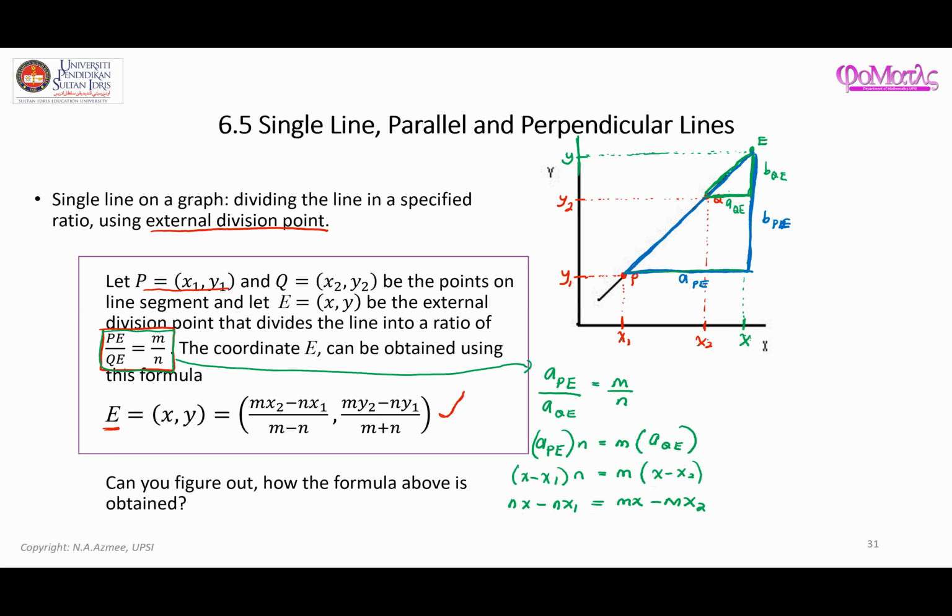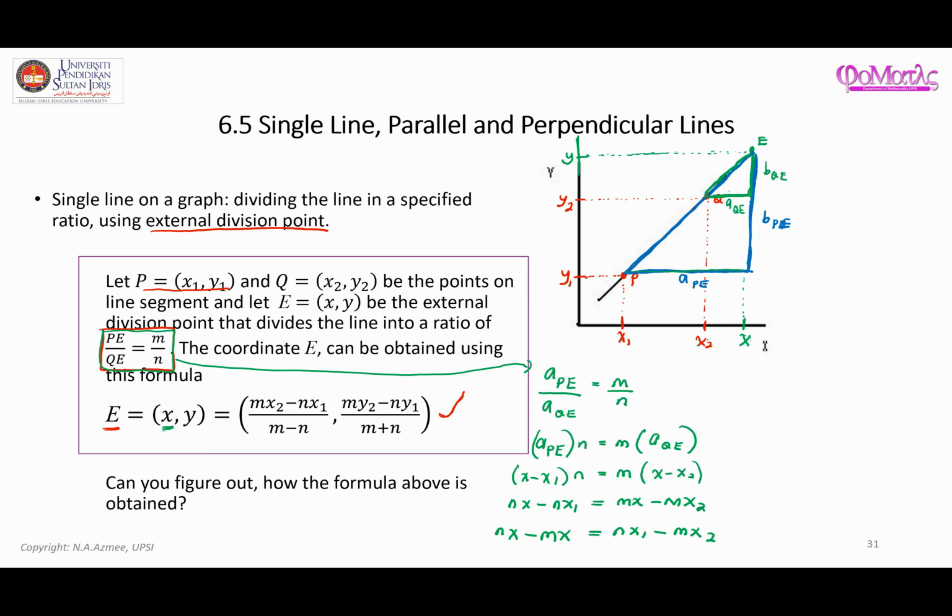And remember that our objective is to find what x is. So x is the unknown item, and you want to find what x is. So I'm going to just put all the x on the left hand side. So now I have nx minus mx is equal to nx1 minus mx2.